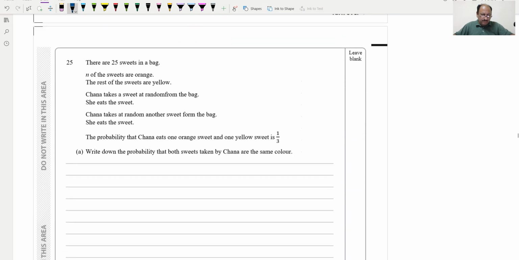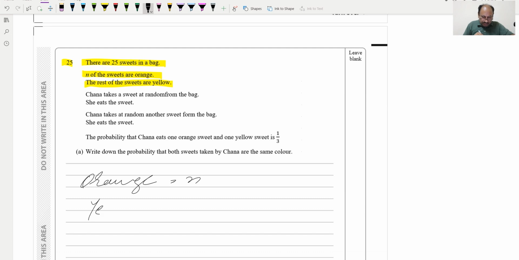Hopefully you understood this. Now question number 25, and question 25 says there are 25 sweets in the bag. N of the sweets are orange. So orange is equal to N. The rest of the sweets are yellow.